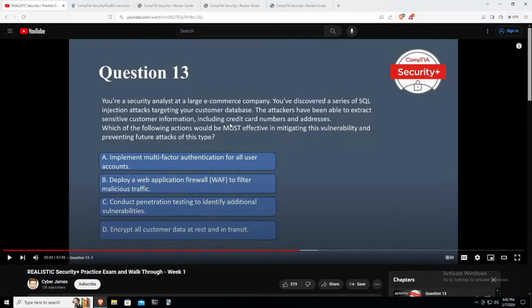And it indicates that we're a large e-commerce company, so that means we have a website or we sell stuff online. I think the correct answer here would be we would deploy a web application firewall, because a WAF would detect a SQL injection attack and immediately block it.